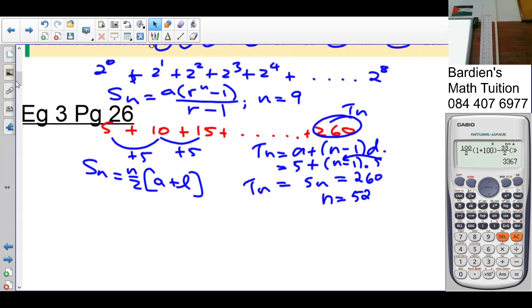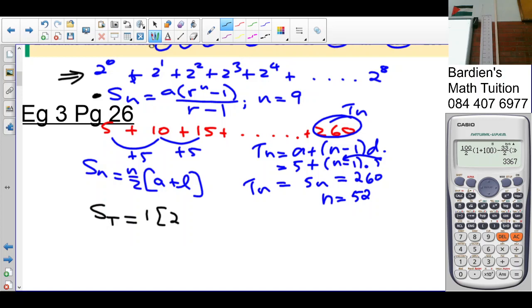So S total is going to be the sum of the powers of 2 as well as the sum of the arithmetic sequence with a difference of 5 and a first term of 5. Going with the first one, what's the a value of the sequence? 1. 2 to the 0 is 1. Into r. How do I move from one term to the next? You're multiplying by 2.